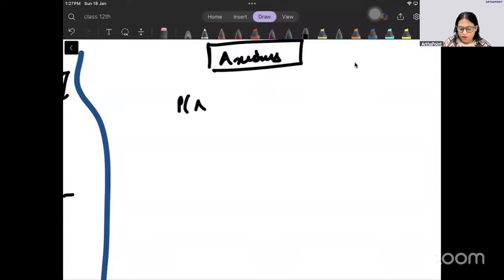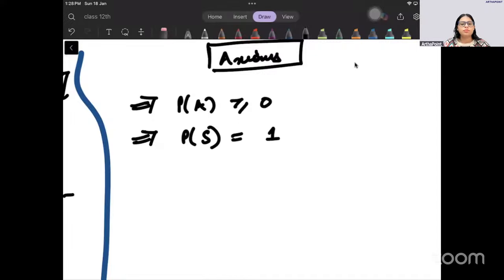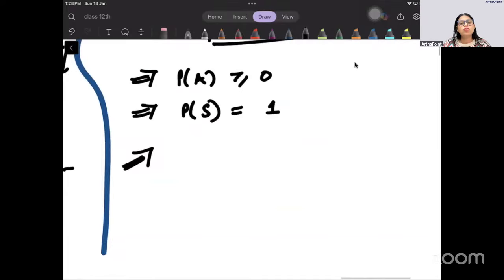So the probability of any event has to be greater than or equal to 0. The second is that the probability of the entire sample space is 1 because it includes all possible events. The third is that we can also define something we call mutually exclusive events.